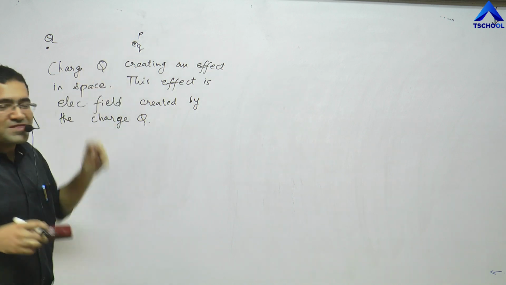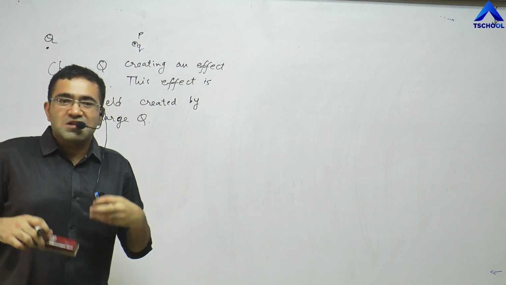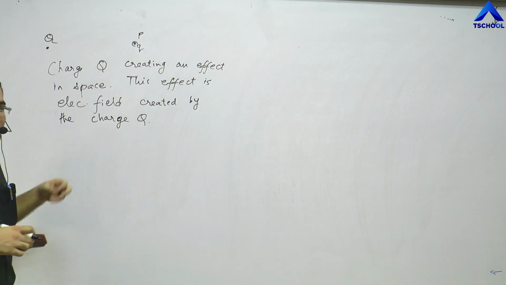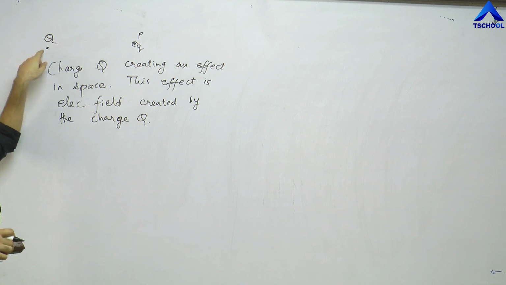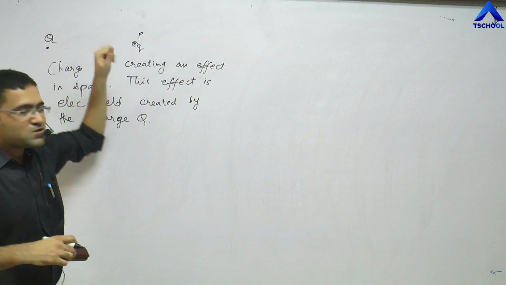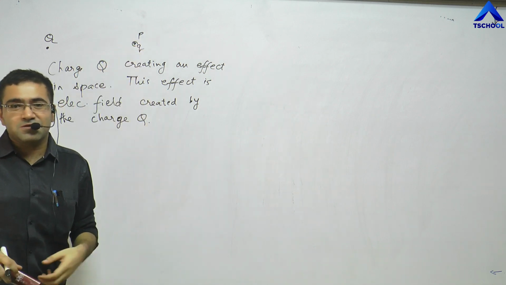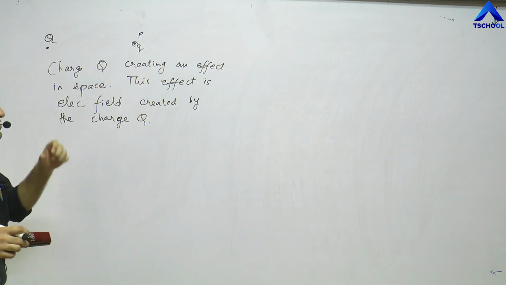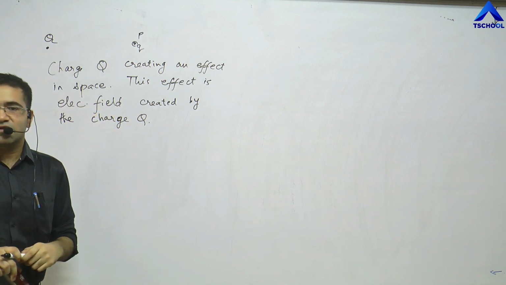If you put a charge over there, nothing happens to the charge. But now, no magic of course, if you put a charge capital Q over here, it changes the properties of all these points. And now when you put a small q over there, it suddenly starts experiencing a force. So something has changed. There's some effect of this charge, and that effect is the electric field.